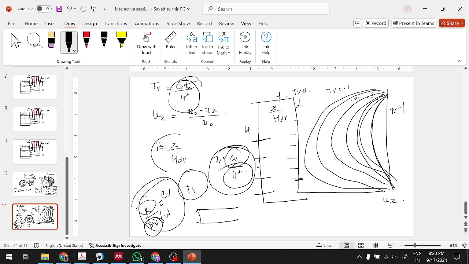For example, let us suppose Z by H is equal to 0.4 and TV is equal to 0.1. So TV will be this, and Z by H will be 0.4 somewhere here. We can calculate the UZ, how much consolidation has taken place. UZ is from 0 to 1. You see, the higher the TV, the greater the consolidation, and the lower the consolidation time.